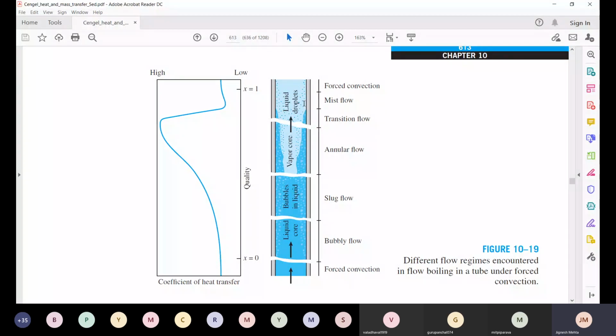Now beyond transition flow, what you find is that there are no bubbles or film of liquid, but liquid is now in the form of mist. Small liquid particles are still present, so that's mist flow. And beyond a certain point, even that mist, because of the higher temperature, gets evaporated and converts completely into vapor.